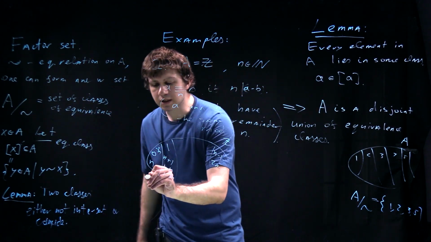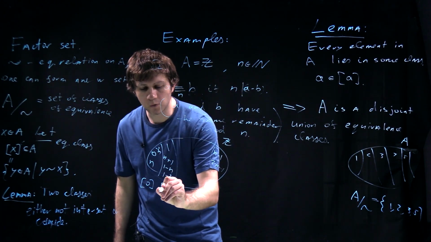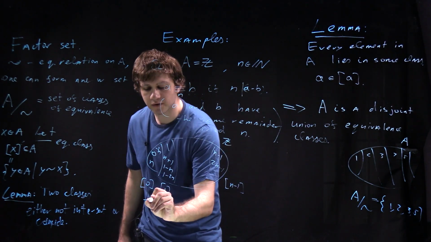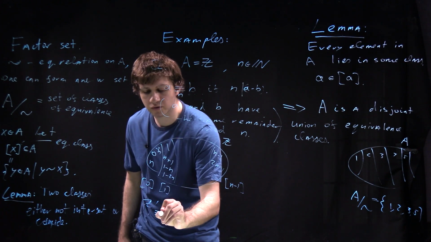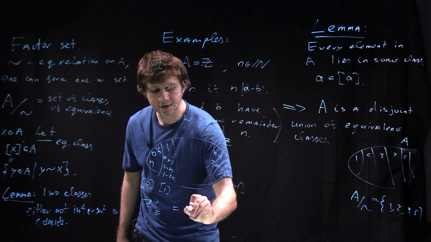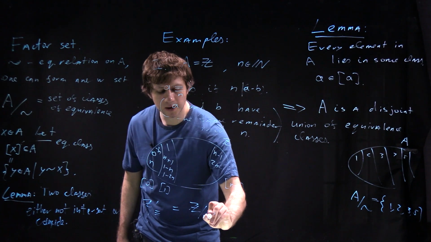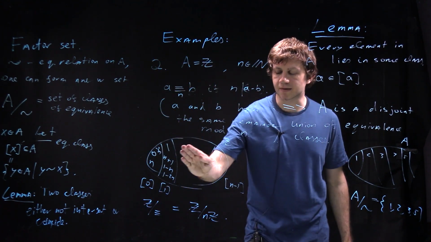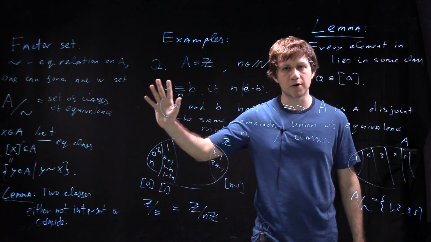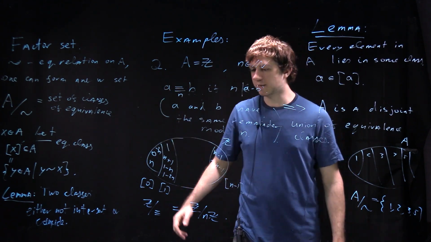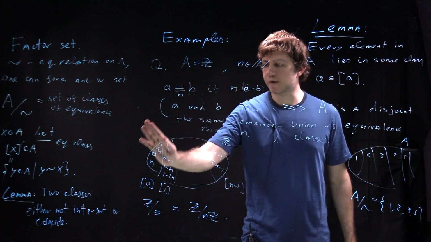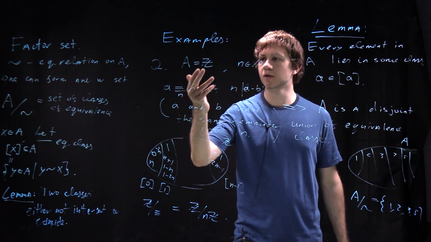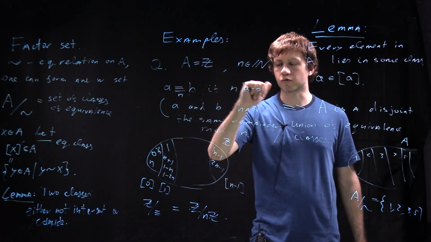And if you denote these classes by 0, 1, and so on, n minus 1, you get that this factor set Z over this congruence relation is exactly Z over nZ we discussed. And then there is a way to add these classes, but we'll come to that when we talk about cyclic groups in about a week. So that's a very important notion, equivalence relation on integers being congruence classes.